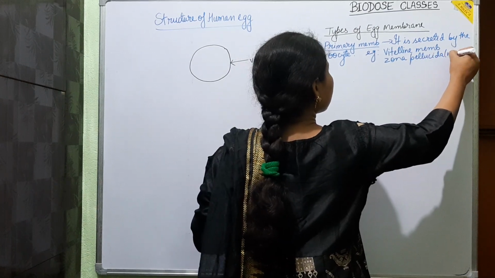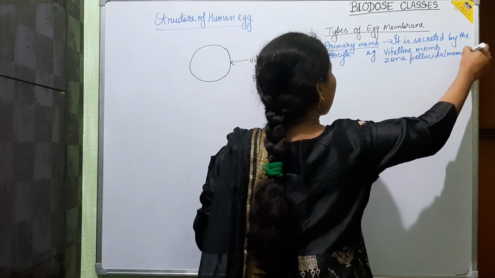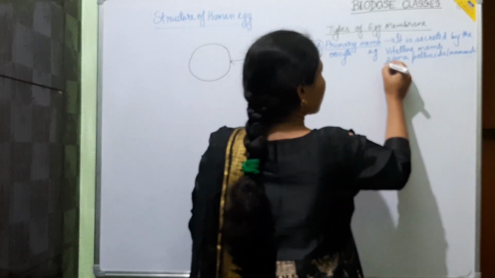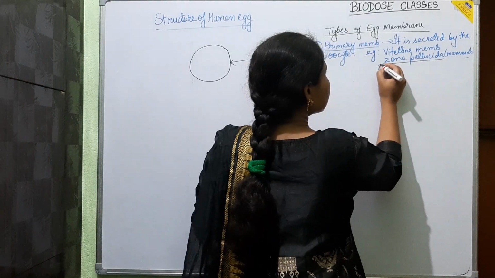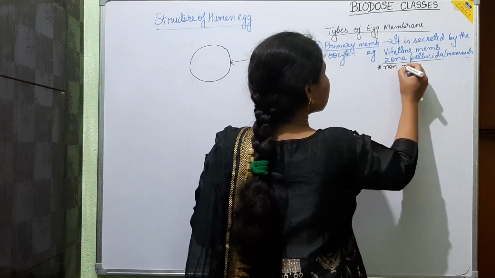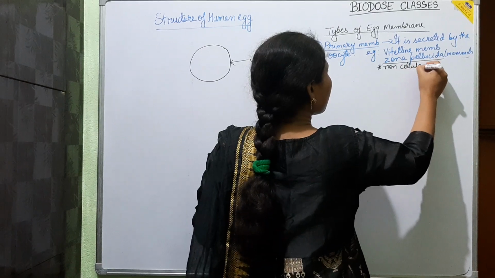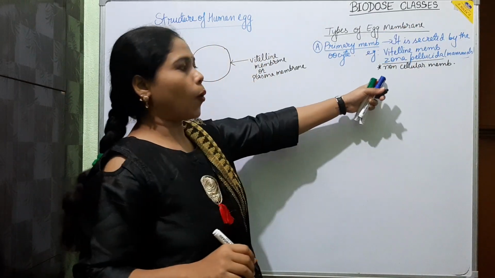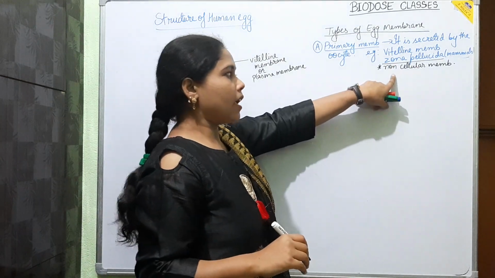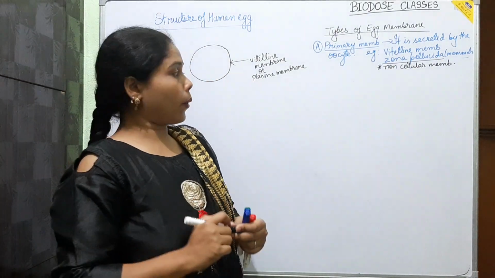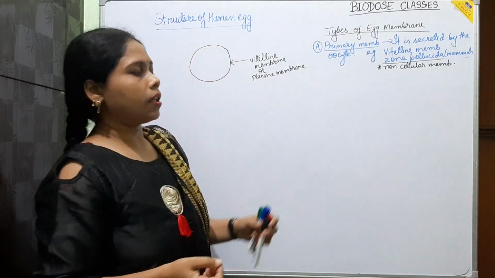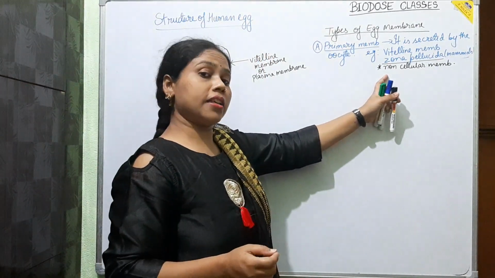In case of mammals, we have this membrane. And this is also important, because it is said to be a non-cellular membrane. Here is an important point to be noted: mostly questions come, which membrane among the following are non-cellular in nature.